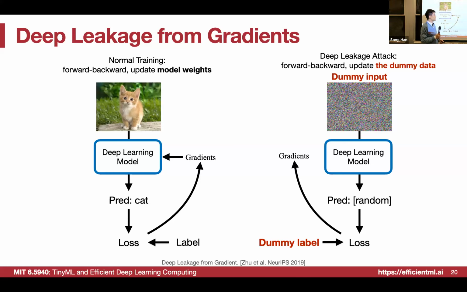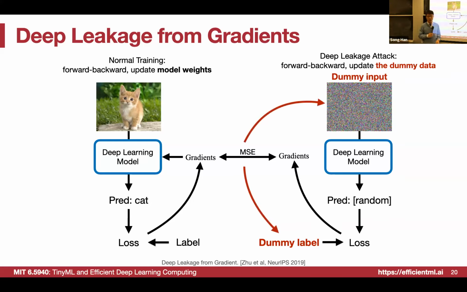What we do here is try to match the two gradients, and calculate the MSE loss between the gradient of the original input and original prediction versus the dummy input and dummy label. By observing the difference between these two gradients, we get a loss right here.